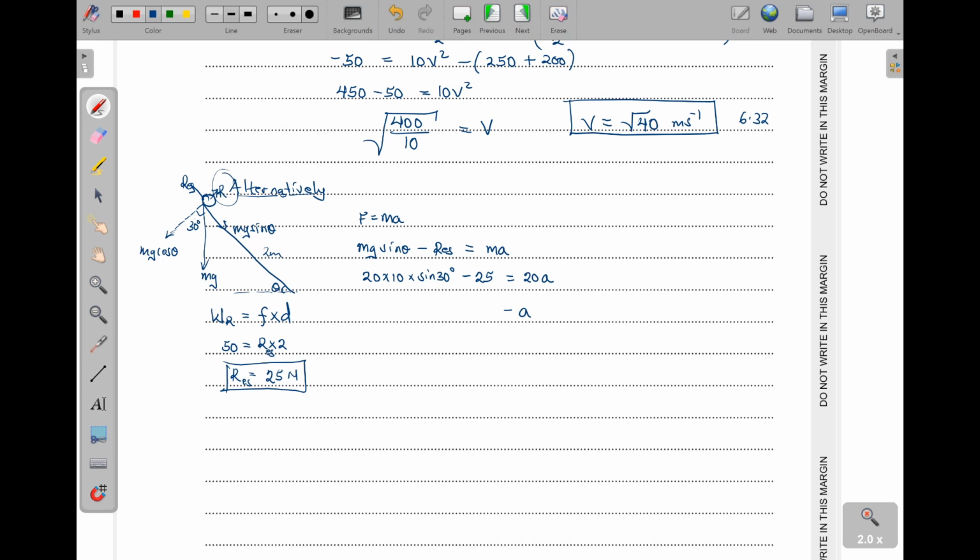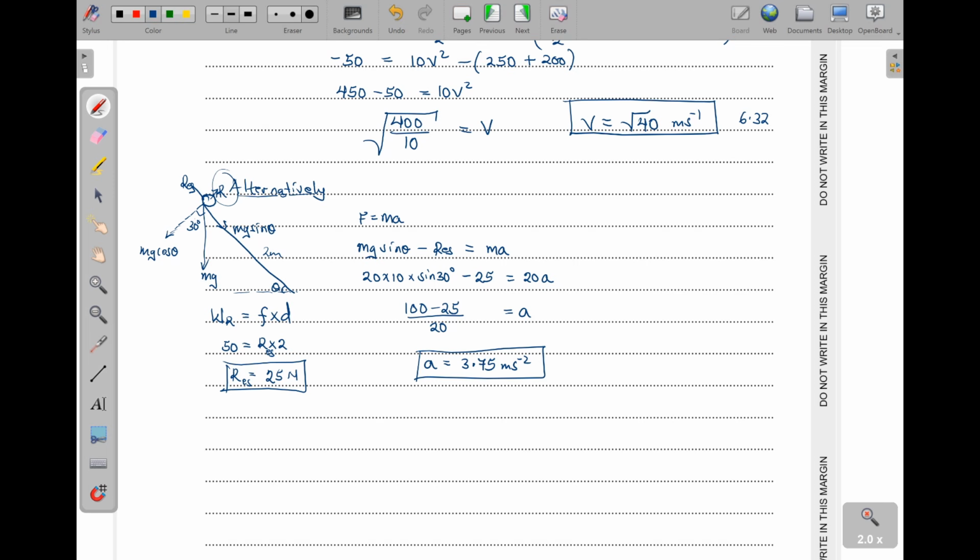So that means A is going to be, sine of 30 is a half of 200, that is 100. So we have 100 minus 25, which is 75, then divide by 20. That means A is going to be equal to 3.75 meters per second squared.